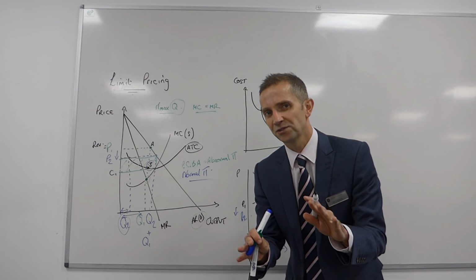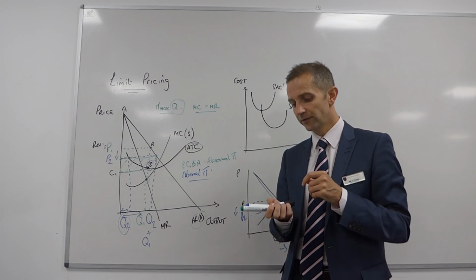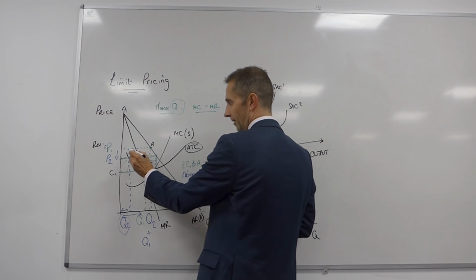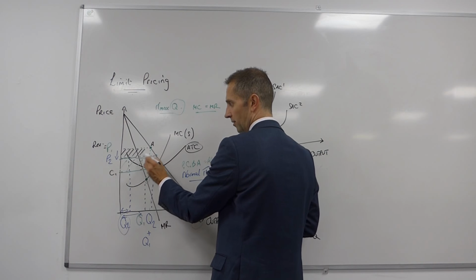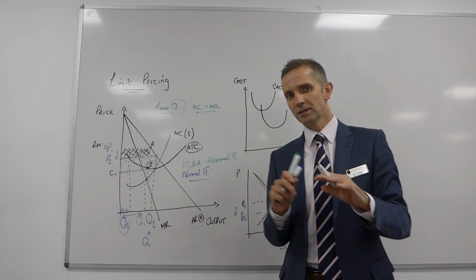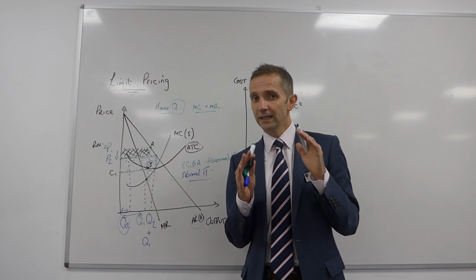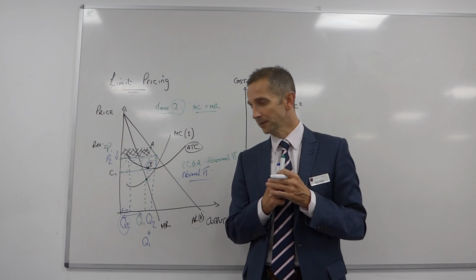So profits are still there, but unfortunately, this area of abnormal profit, which was part of the original, if you recall, that has now been eroded away. And that's been competed away because, of course, of the new firm entering the industry.